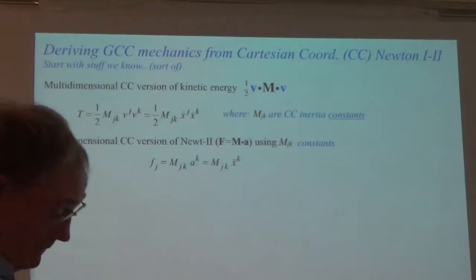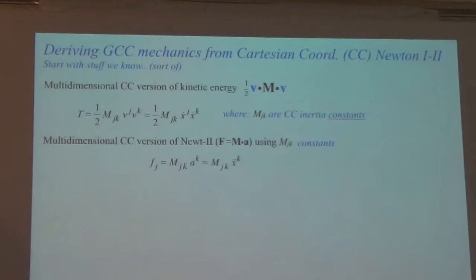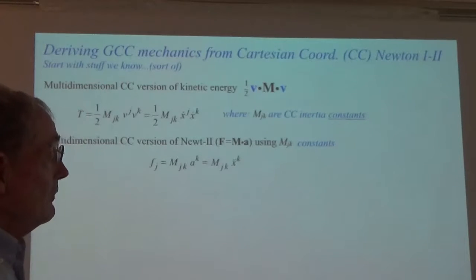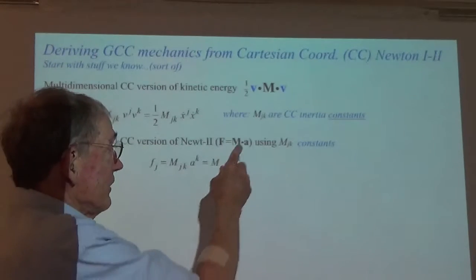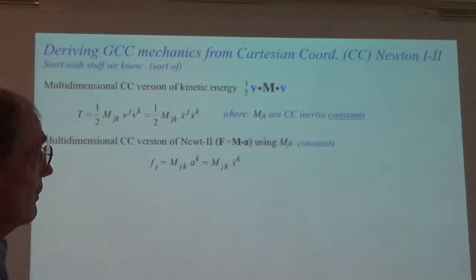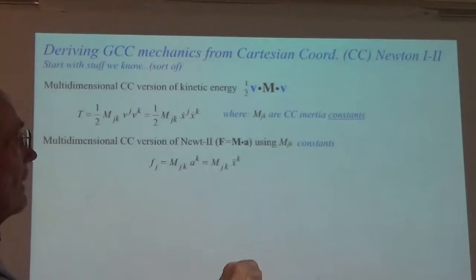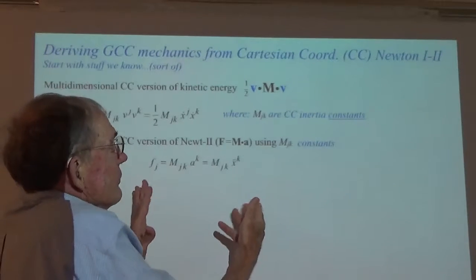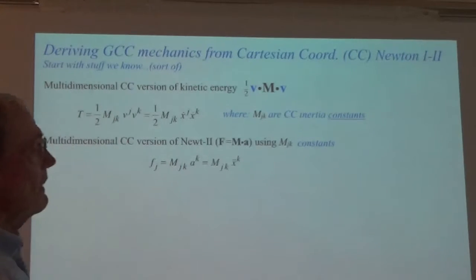But there is one thing that I'm going to require here, and it is kind of a restriction that looks like it's killing this thing for being able to do any relativity. And to be truthful, it is. We have to do a little bit more to get to that stage. But here we're going to demand that these inertial things for a Cartesian position of a particle, or a system of particles, say 2 particles, each of them in 3 dimensions, that's 6 dimensions we're going to be summing over maybe.